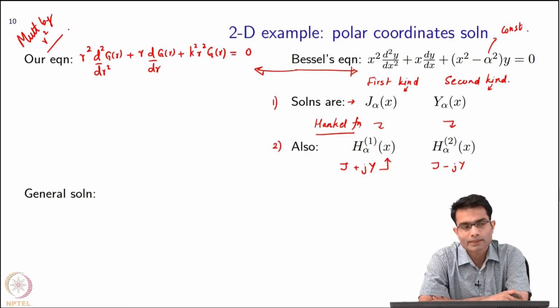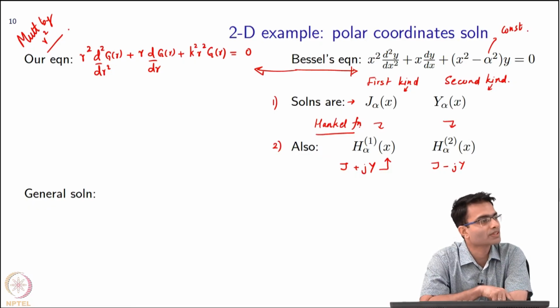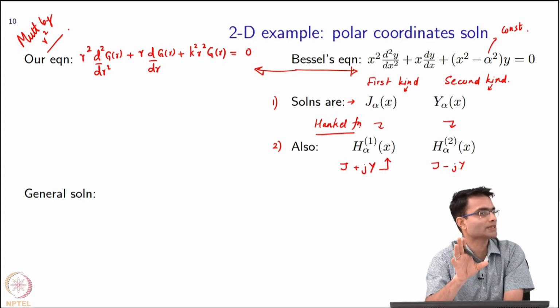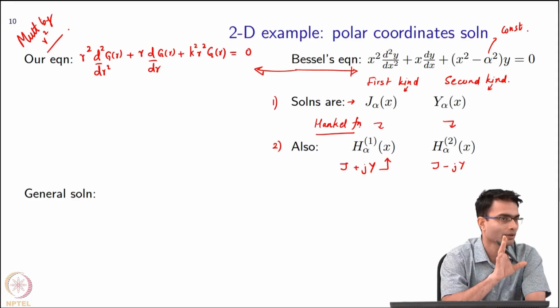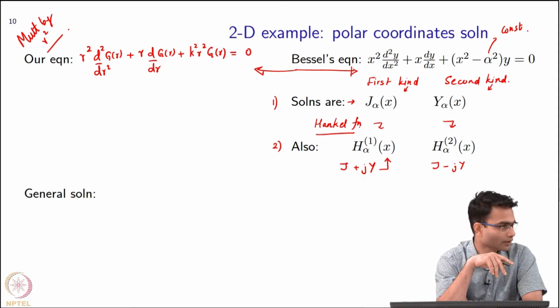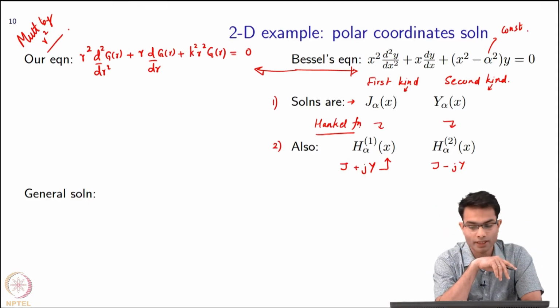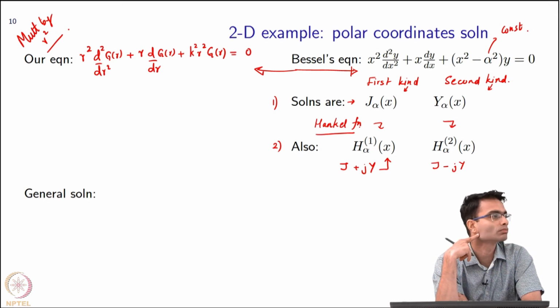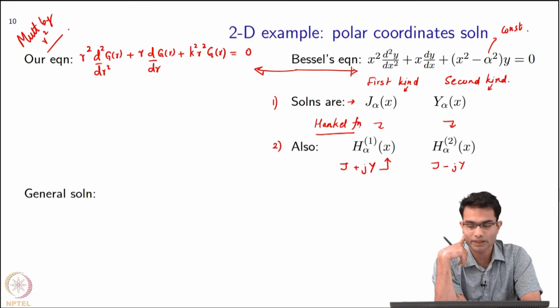I am getting a little ahead of myself, but how would you know which solution to take? You have a differential equation, you want to find g, remember that is our objective, because once I find g, I can convolve with f and get my phi. I can write aJ plus bY, I can also write aH1 plus bH2, both will work. Which one should I choose? When I know it is going to be real, that could be one thing.